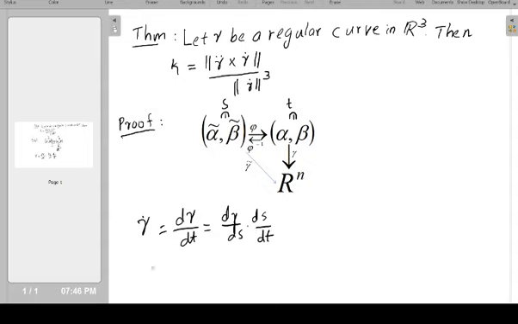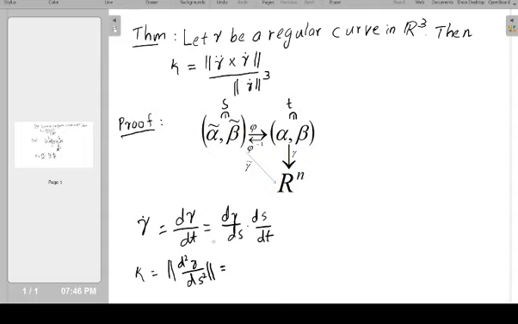Now let us look at kappa. So what is kappa? It is the norm of the second derivative of the unit speed reparameterization, so d square gamma divided by ds square, that is by definition of kappa.